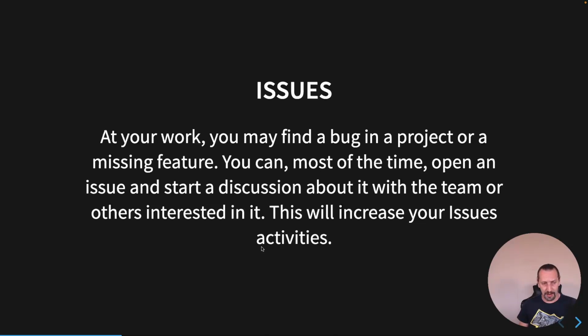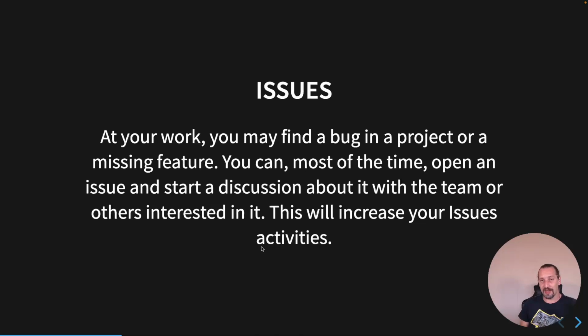So, okay, we are not talking about coding. Coding is quite obvious. There's source code and you put your stuff in it. But first, let's talk about issues. At work, I find a bug in an open source project, or I find a missing feature that could benefit my organization or me at work, or you.